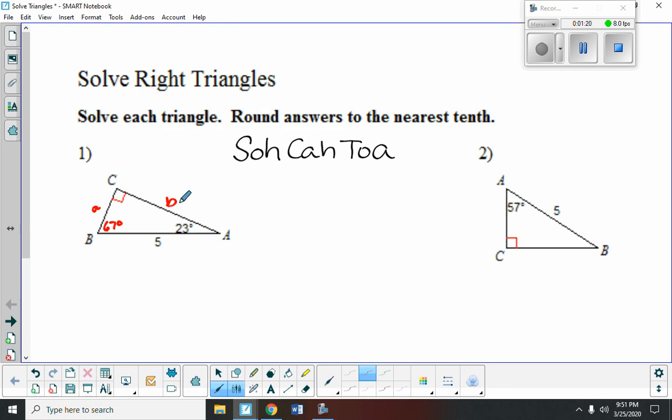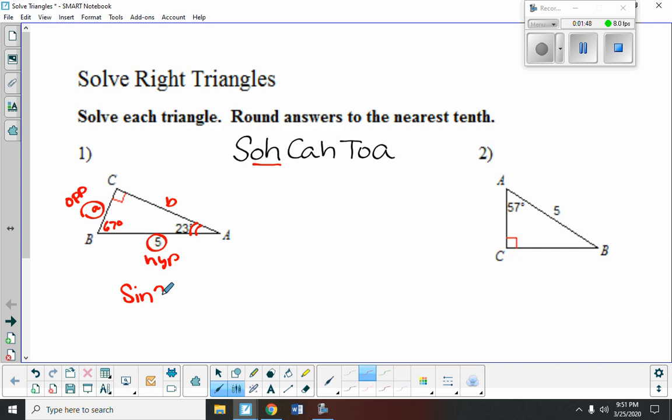What we're going to do is pick a side. Let's just start with side A, and that is opposite of angle 23, angle A, I should say. And we use the length that's given, and this is 5, and that's the hypotenuse. So we have the opposite and the hypotenuse. Opposite and hypotenuse means we're going to use sine. So we'll write an equation.